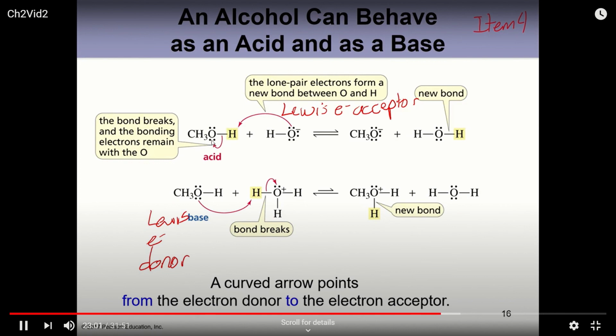This is because of the lone pairs. So we'll define a Lewis acid as a Lewis electron acceptor, and a Lewis base, you should have learned in Gen Chem, is defined as a Lewis electron donor.